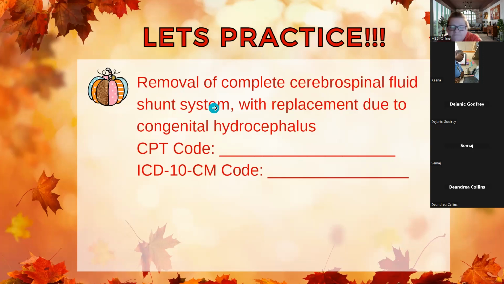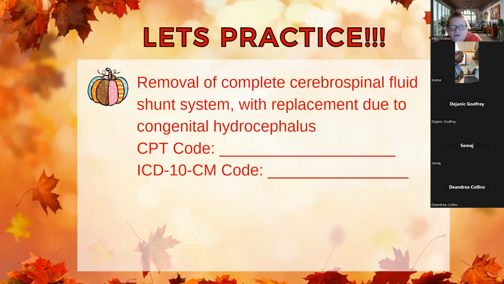For the CPT code, we look for removal of shunt system. That's our area of focus for CPT, and then it will get more specific, down to complete cerebrospinal fluid. For the ICD-10 code, congenital hydrocephalus, right? That was what was wrong with the patient. Our CPT code is what was done to the patient, and that was we removed the shunt system.